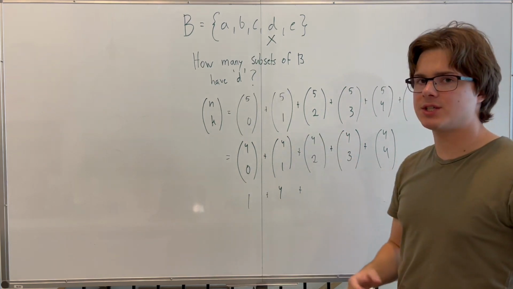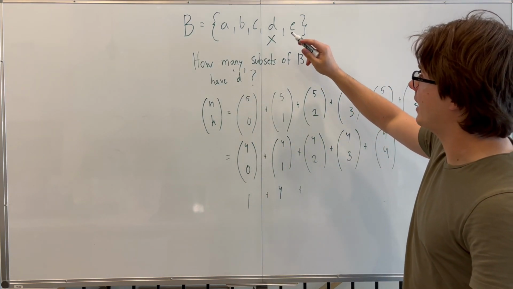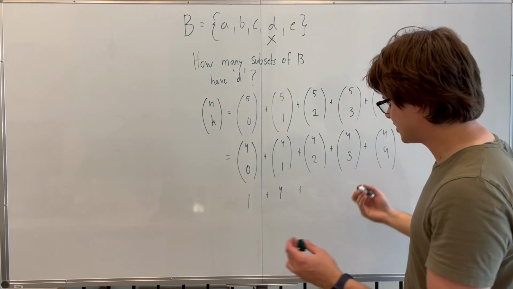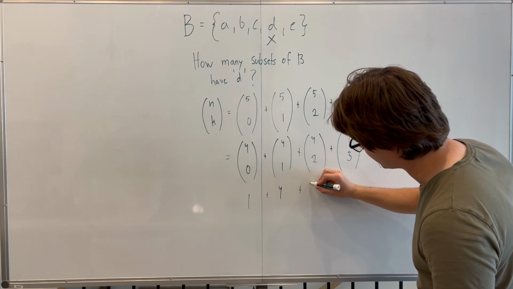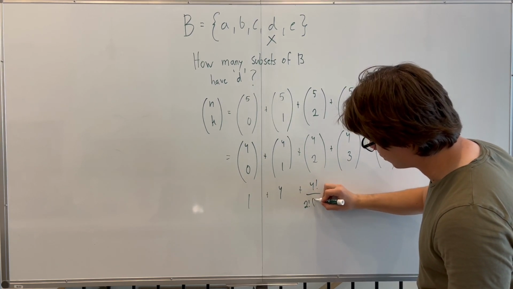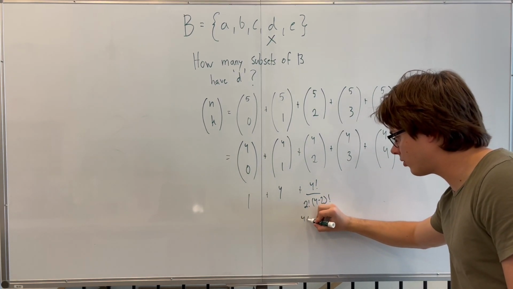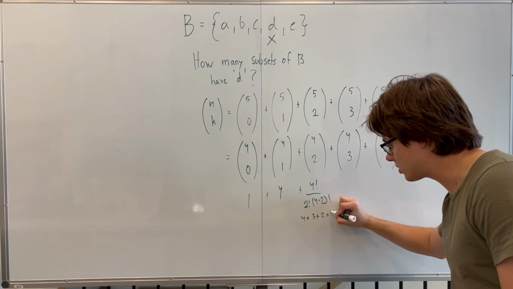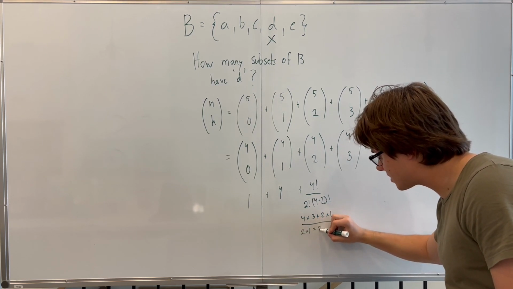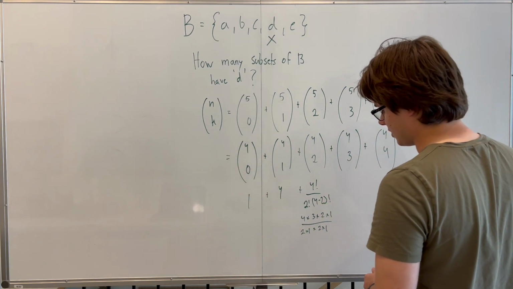Plus, how many ways can you pair D up with another pair? So how many ways can we have D and A and E, A and B, A and C with D, so on and so forth. So we're actually going to use the formula for this. That's the same as saying 4 factorial over 2 factorial times 4 minus 2 factorial, which is just going to be 4 times 3 times 2 times 1 over 2 times 1 times 2 times 1, because 4 minus 2 is 2 and 2 factorial is just 2 factorial.